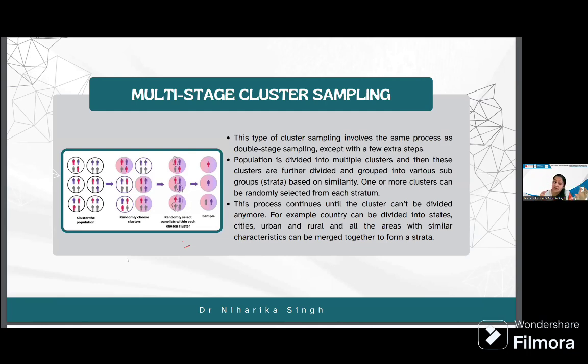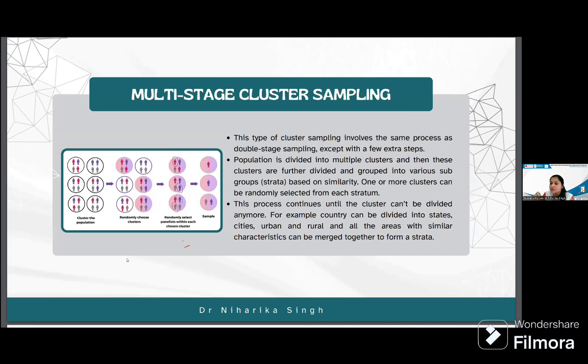The cluster is based on the naturally occurring characteristics of the population, like I mentioned. But for the stages of the cluster sampling, we are randomly selecting, and we keep on selecting till we go to the last stage of that cluster, so that we cannot further divide it into the next cluster.